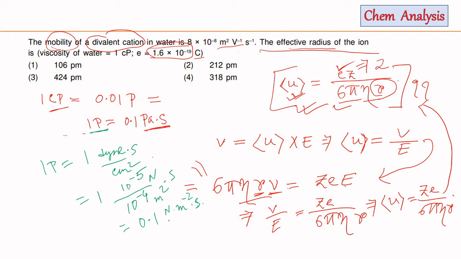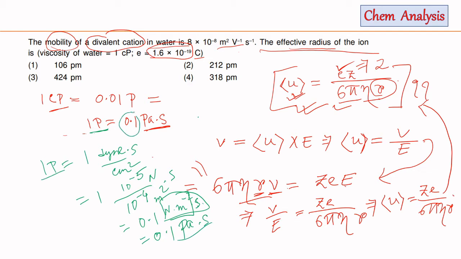Newton per meter square is force per unit area, that is the unit of pressure, and Newton meter to the minus 2 we can write as Pascal, so 1 poise is equal to 0.1 Pascal second.